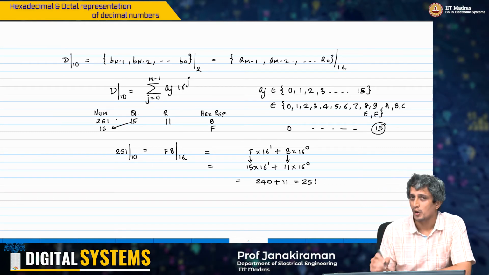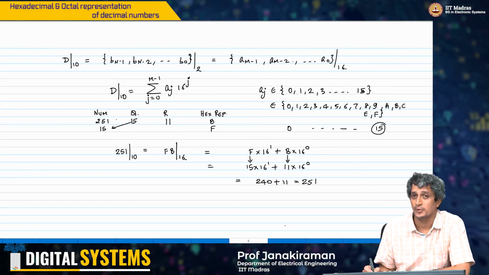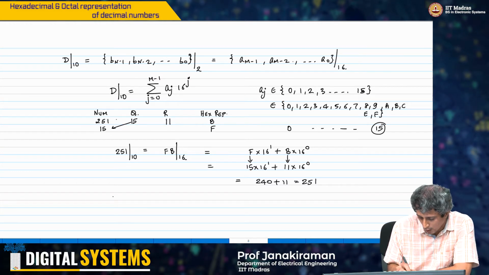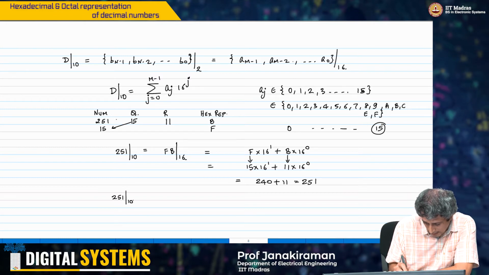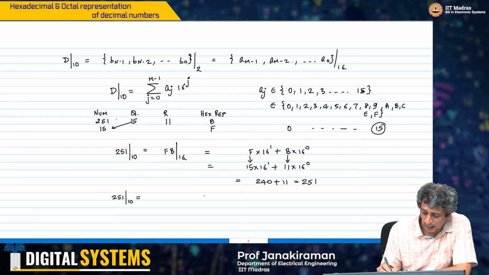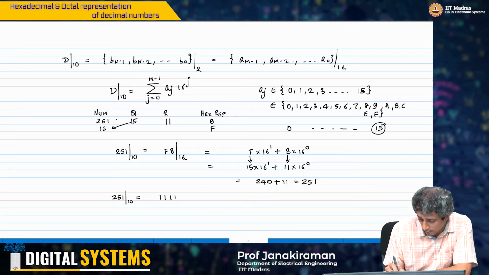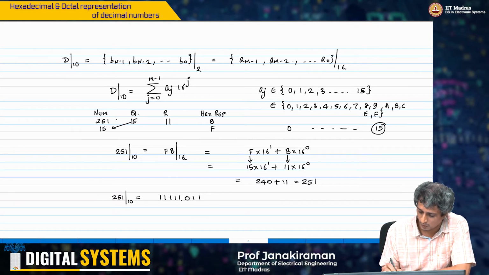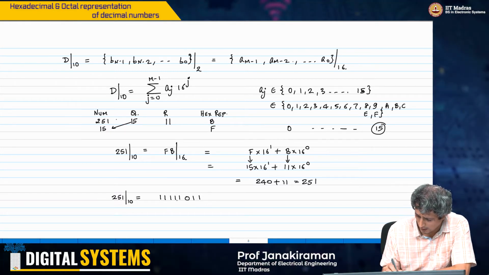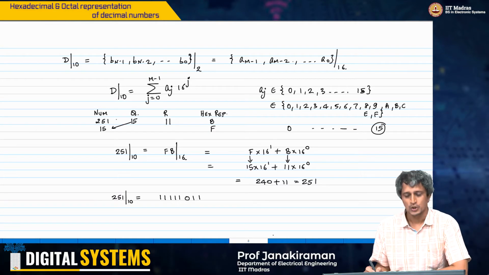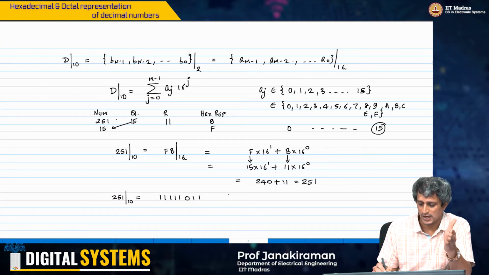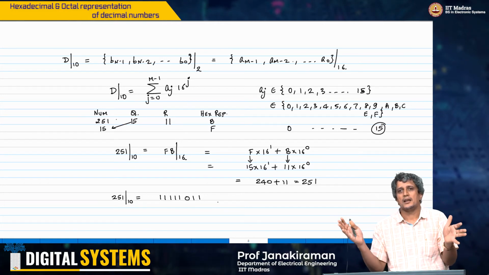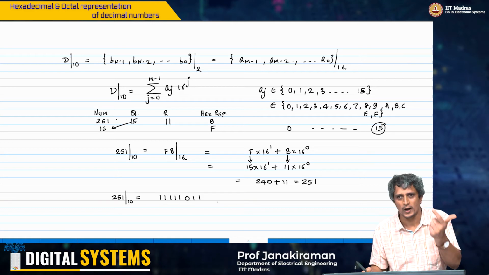Right? If you remember the hexadecimal representation and the binary representation of this same number, 251 in base 10, I believe it was 1, 2, 3, 4, 5, 6, 7, 8, 8 bits. One thing interesting to note is, in order to represent 251 in base 10, I needed 3 digits, 251.